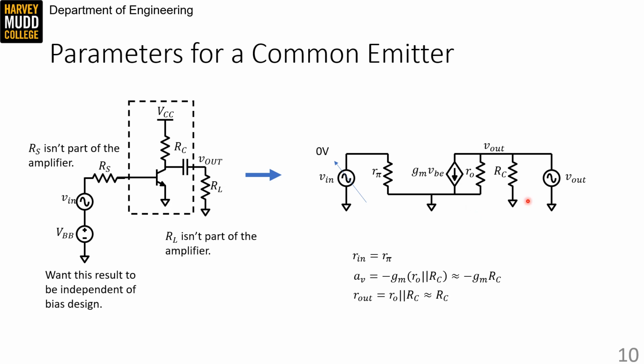Technically we should have included Rs in this analysis, because we need an accurate Rs when we're measuring output resistance. However, all Rs would have done is add a series resistor along this branch, and the node voltage here would still be 0, because there's 0 on the left side and 0 on the right side, and just resistors in the middle. So it wouldn't change our conclusion that the gm vbe source is shut off.